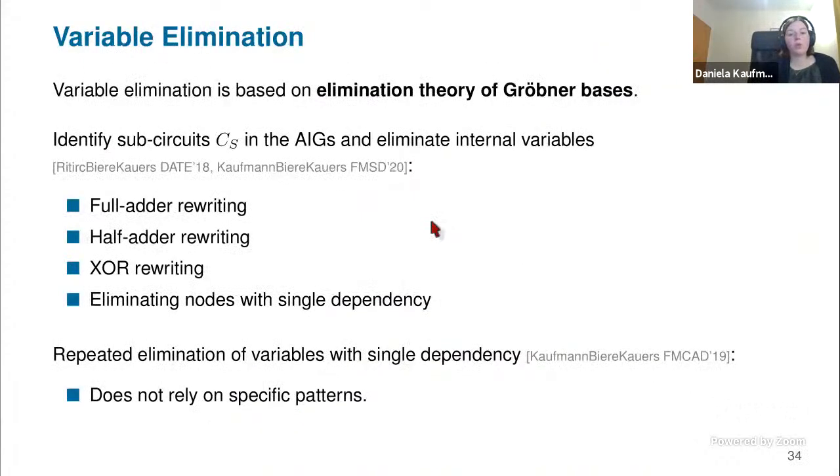And so for variable elimination, we use the elimination theory of Gröbner bases. In our first attempt, we identified syntactically the subcircuits in the AIGs and then eliminated the internal variables. So we had our schemes for detecting the full adders, the half adders, the XORs, and also for eliminating the nodes with a single dependency. But we modified this elimination scheme.